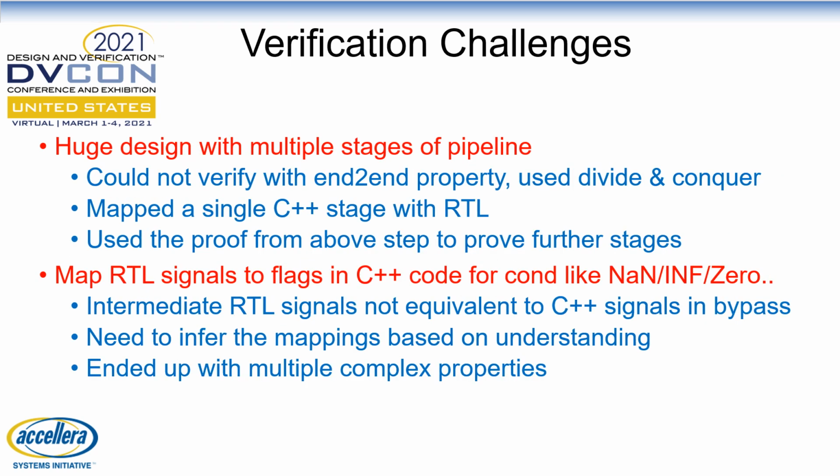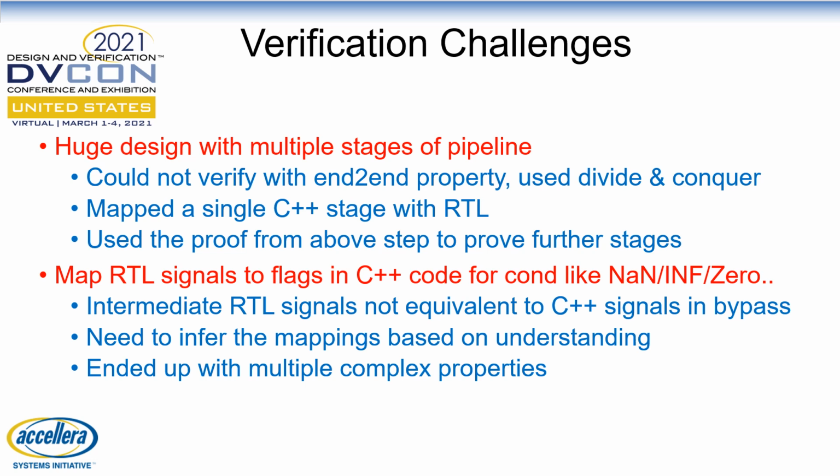Another obvious problem is that it's a huge design with multiple stages of pipeline, so we cannot possibly verify it with an end-to-end verification. We use divide and conquer to first map a single C++ stage with RTL, and then we use the proof from the above step to prove further stages. There was another problem: there were a lot of bypass cases which were not following this single stage streamlined approach.